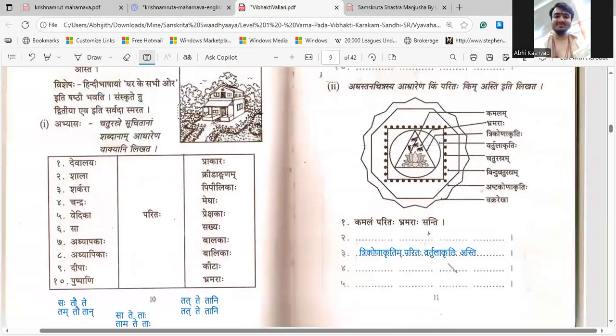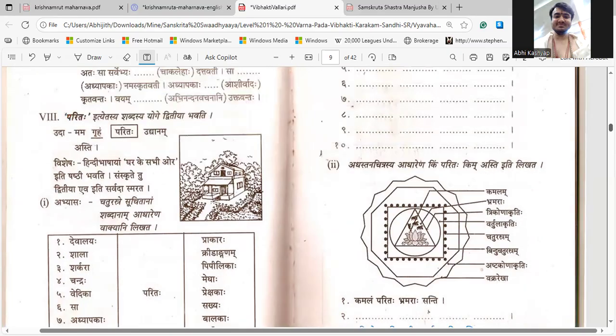So we write Griham Paritaha. Griham, Grihaha, it is the word Namapada. So Griham is Dvitiya Vibhakti. Paritaha means surrounding it, and Udyanam, garden, Asti. So that is the sentence we made.